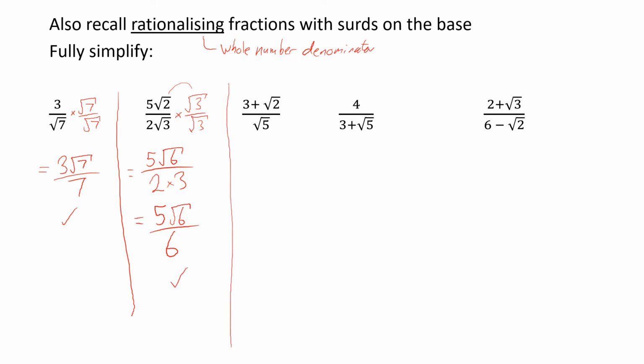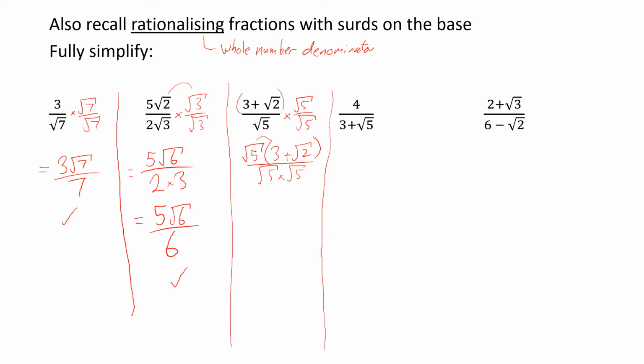Next one, we're going to multiply by root 5 in this case. And because we've got 2 terms on the top, we have to treat that like it's a little bit of a bracket. So let's maybe write that out before we expand it. We've got square root of 5 times 3 plus root 2 on the top, and we've got square root of 5 times the square root of 5 on the base. Remember, all the way with fractions, you times the top by the top and the bottom by the bottom.